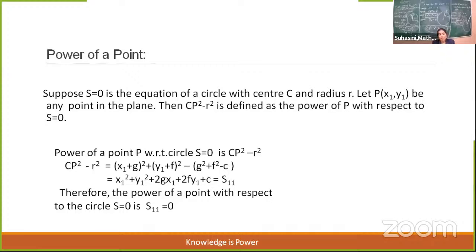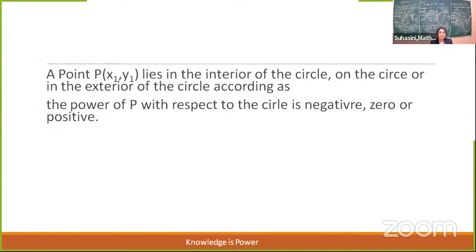Therefore, the power of the point with respect to S = 0 is CP squared minus r squared, but this value is S11. Therefore, the power of the point with respect to the circle is S11. A point P(x1, y1) lies in the interior of the circle, on the circle, or in the exterior of the circle according as the power of P with respect to the circle is negative, 0 or positive.